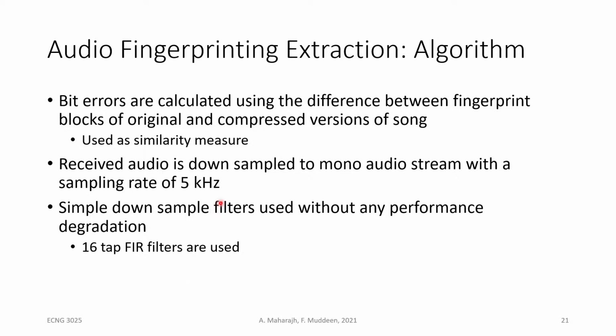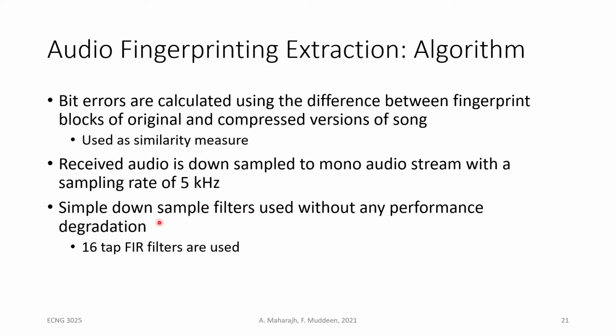Now, one other thing to note is that for us to get a more efficient search database by reducing our data size, the received audio is going to be downsampled to a mono audio stream with a sample rate of 5 kilohertz. And because we're downsampling here, we're not going to get any performance degradation because of that sample rate.